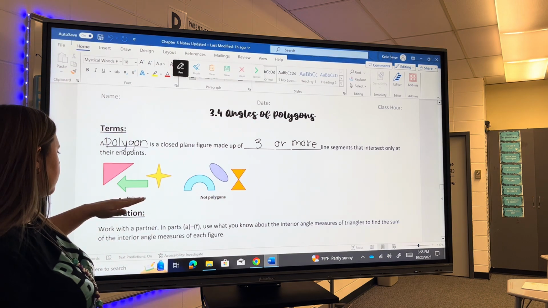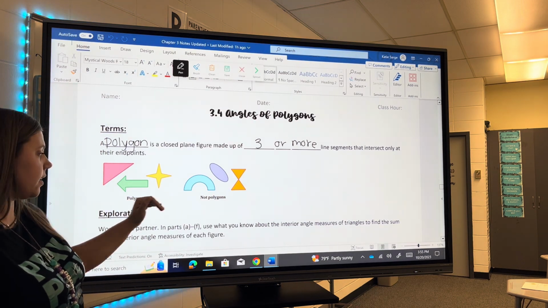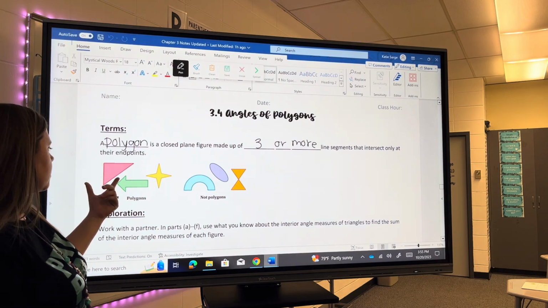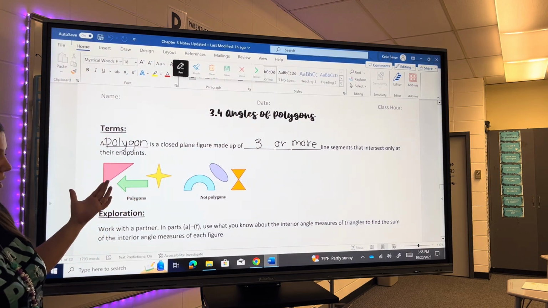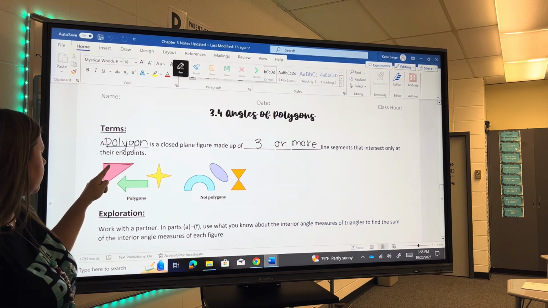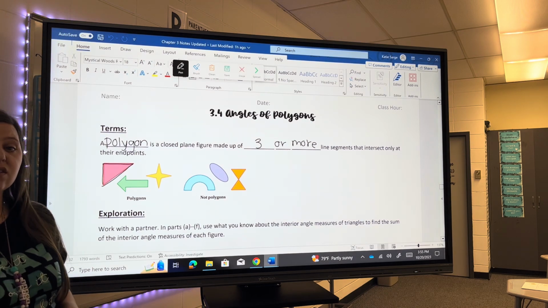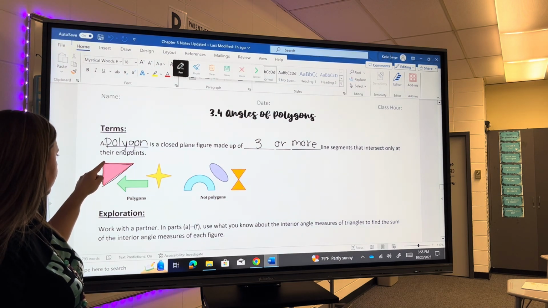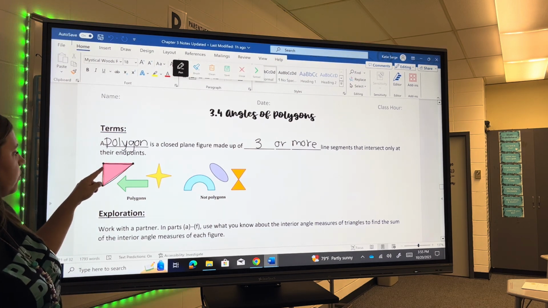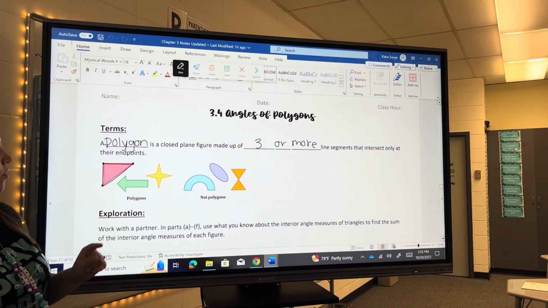So here we've got some pictures of things that are polygons and things that are not. This triangle, obviously we know it's a triangle, is made up of 3 line segments. We've got 1, 2, and 3. And the only place those lines intersect are right here at each endpoint. There's no other kind of line in the middle that's crossing or anything.